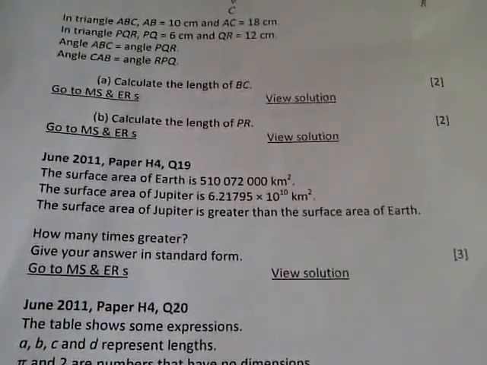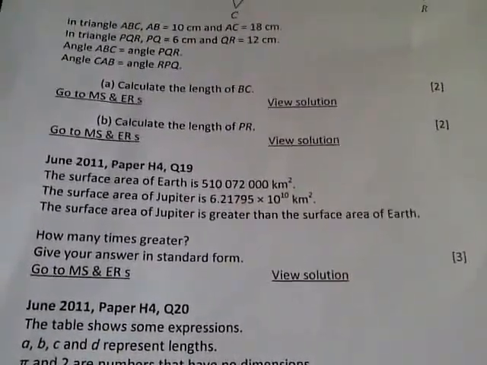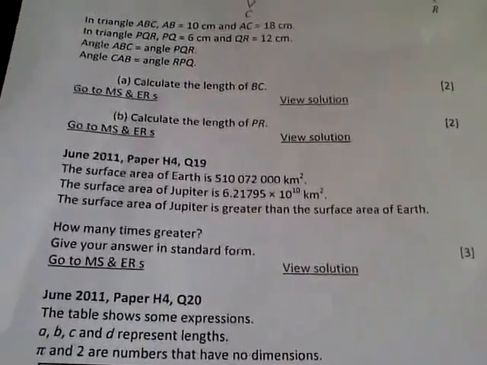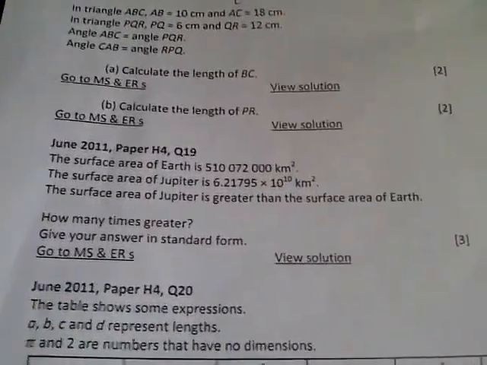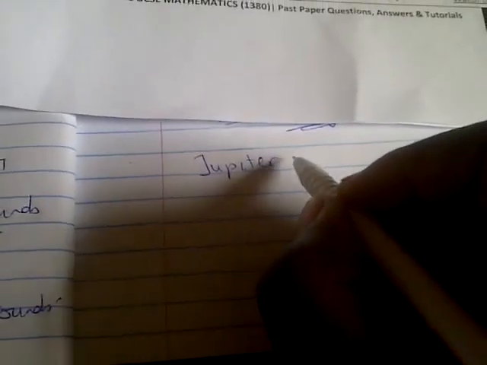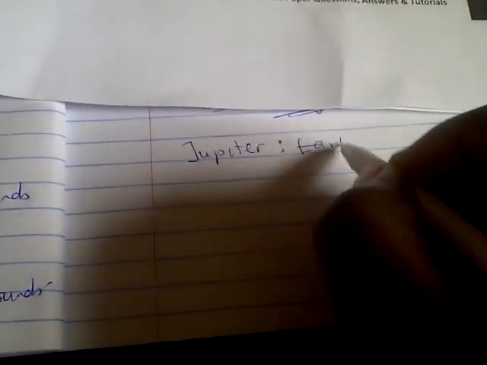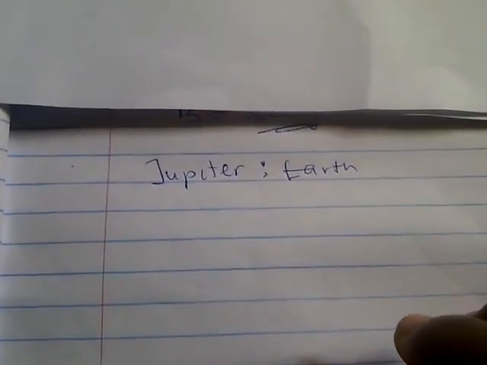You're told that the surface area of Jupiter is greater than the surface area of the Earth. How many times greater? Give your answer in standard form. Now we are comparing the two areas again, Jupiter is to Earth.